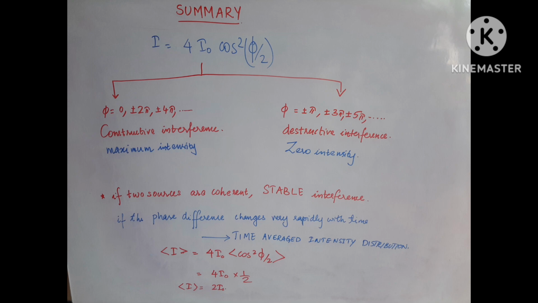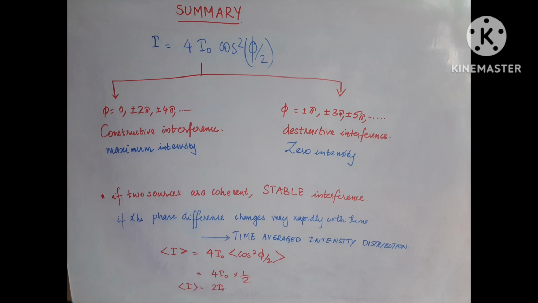If phi is equal to plus or minus pi, plus or minus 3 pi, or plus or minus 5 pi, etc., we will get a destructive interference, and the resulting intensity is 0. So we can have constructive and destructive interference according to the above mentioned terms.